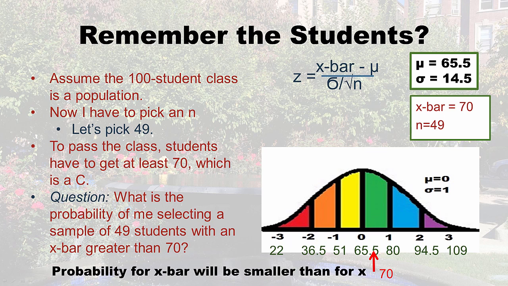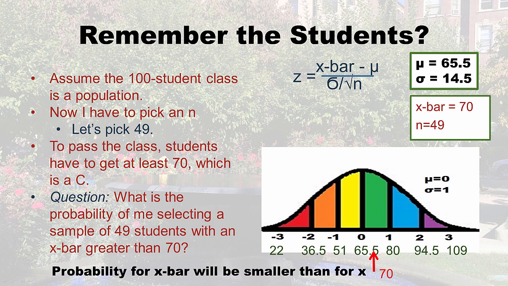Well, remember we were assuming it was a 100 student class, so N equals 100 in the class, capital N, right? Because they're the population. And then if you look on the slide, you'll see the mu of their scores was pretty bad. It was 65.5 on a 100-point test. And the population standard deviation was 14.5. So this was the population of this 100 student class.